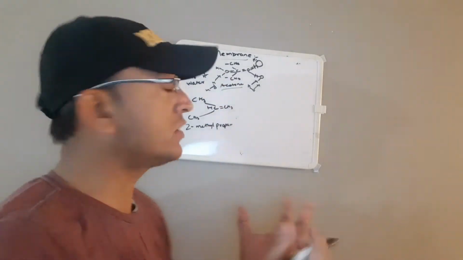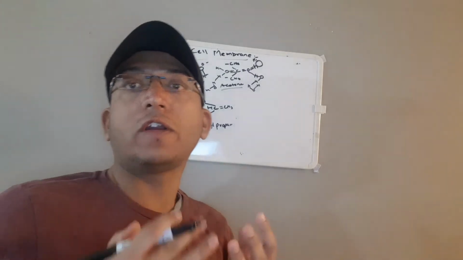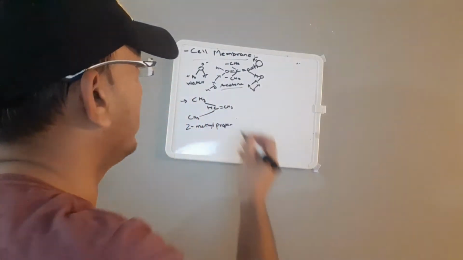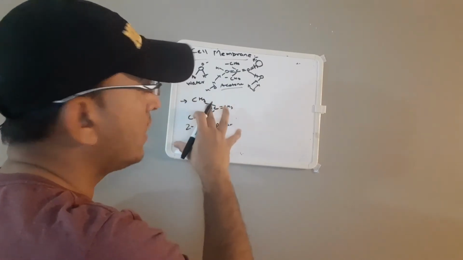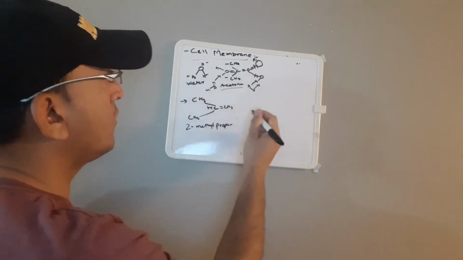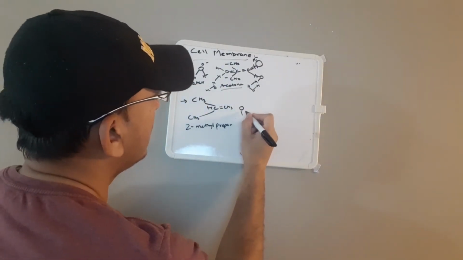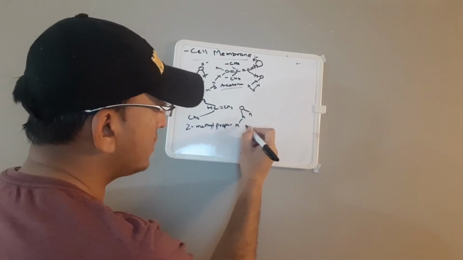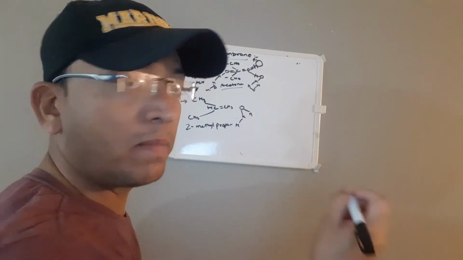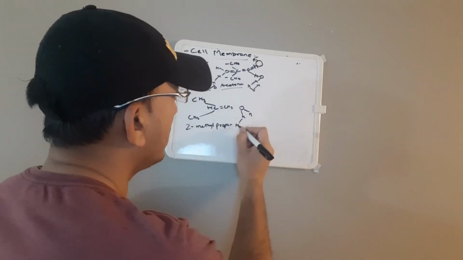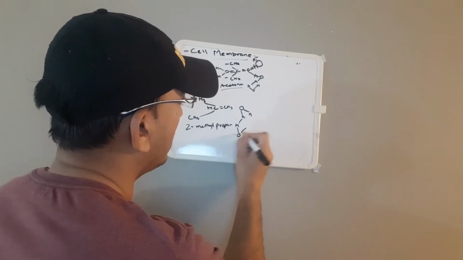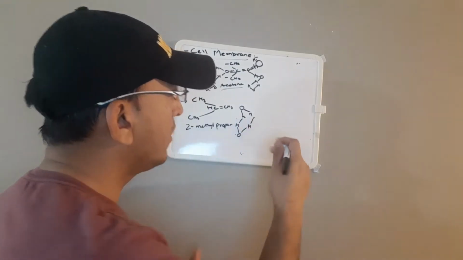Why the cage-like structure? Because the water needs to maximize its hydrogen bonds with each other. As soon as this hydrophobic molecule goes into the water, the water will try to make as many hydrogen bonds as possible.